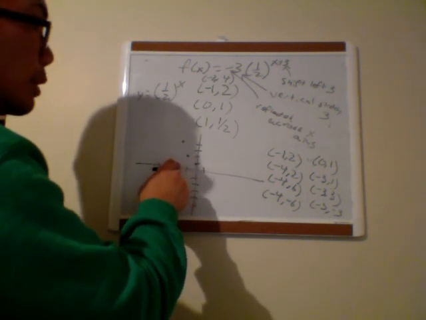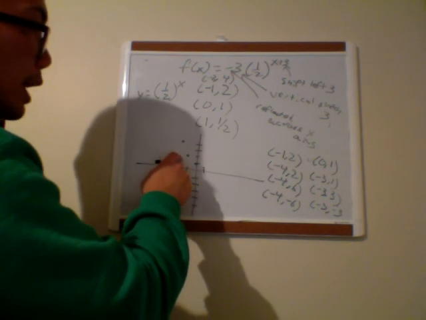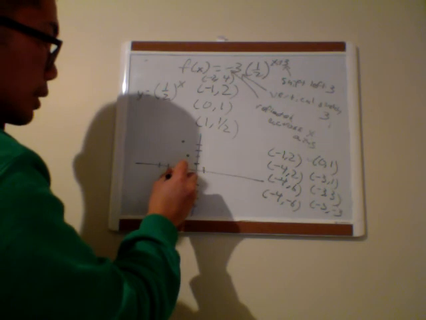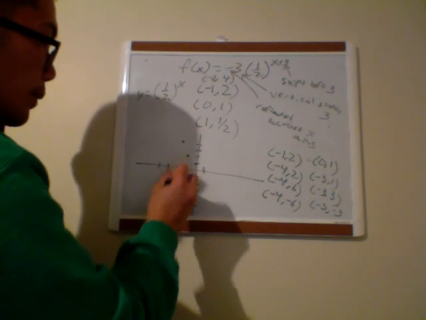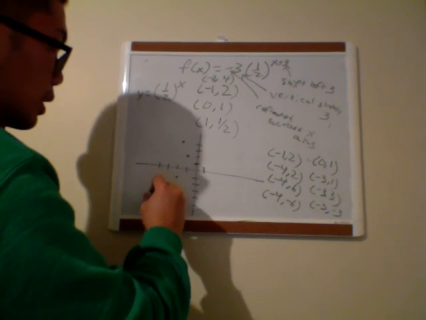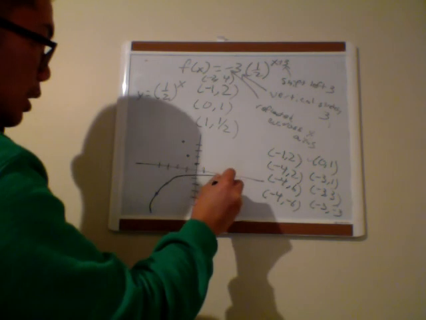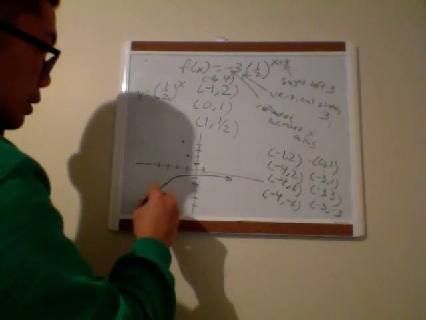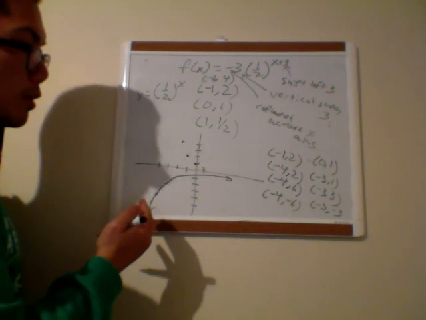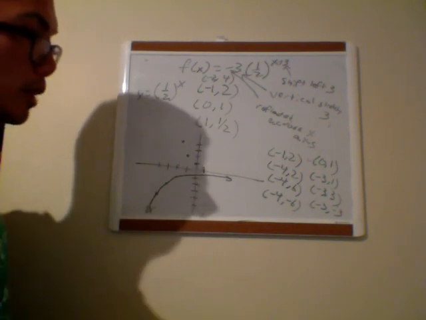I'm going to multiply the y value by 3, so it becomes 3 halves, and I'm going to reflect it across the axis, so I know this is going to be right here. So I know my graph is going to look like this. Okay? So I move to the left, I reflect it, and I stretch it by 3.